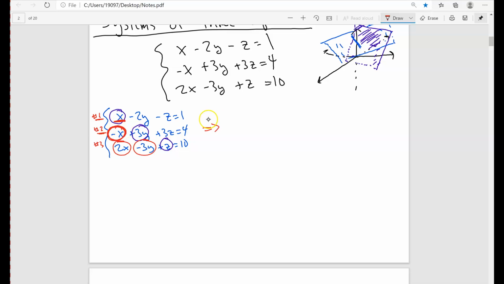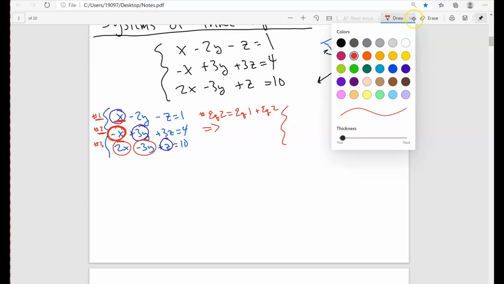So your equation 2 is going to be equal to, I'm going to write it as equation 2, basically adding equation 1 and equation 2 together. That's basically what I'm doing. All right, so I'm going to add them together.